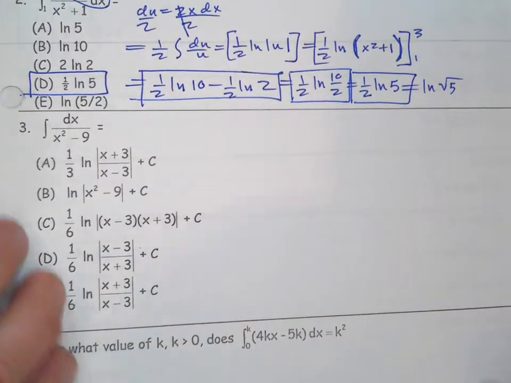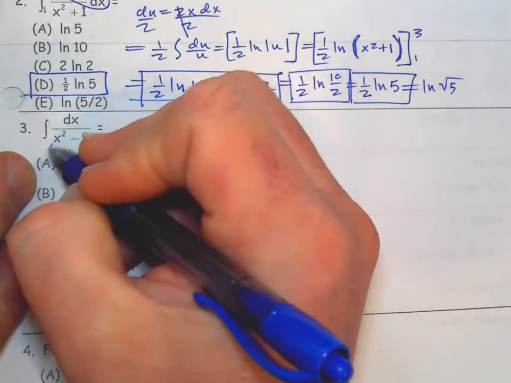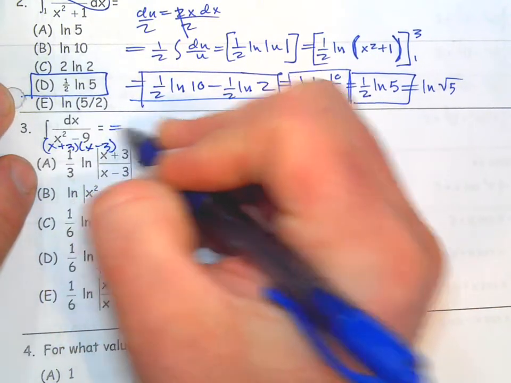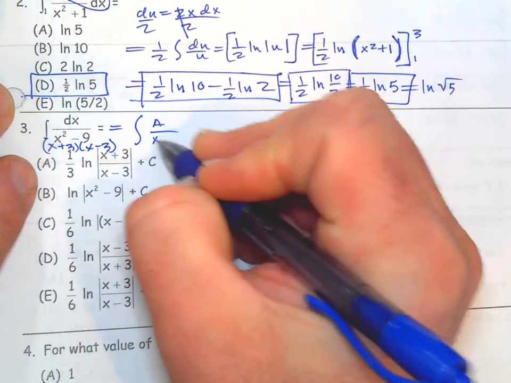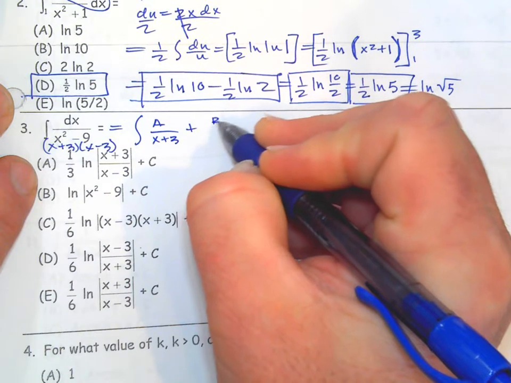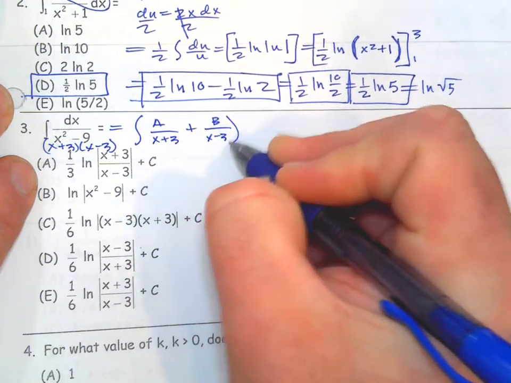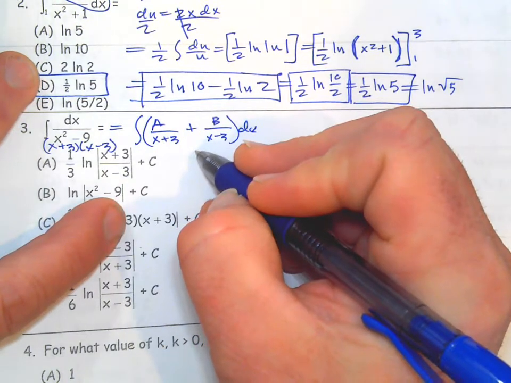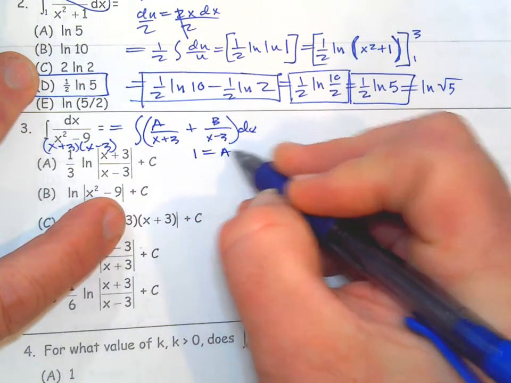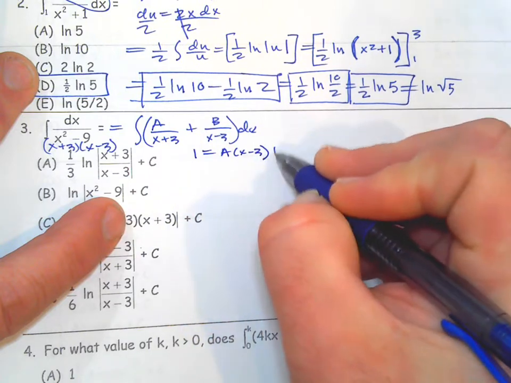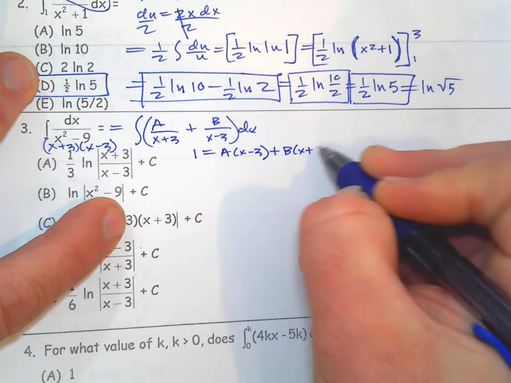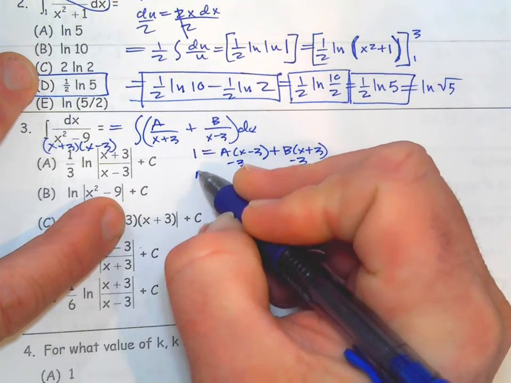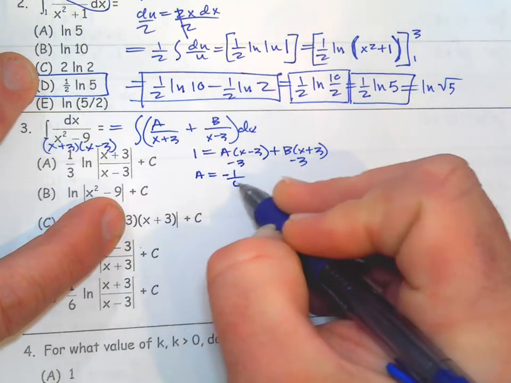Okay, next one. We can't factor this, so we're going to have to use partial fractions. We're going to say A over x plus 3 plus B over x minus 3. Multiply through by the least common denominator. We could plug a negative 3 in, so A equals negative 1/6.